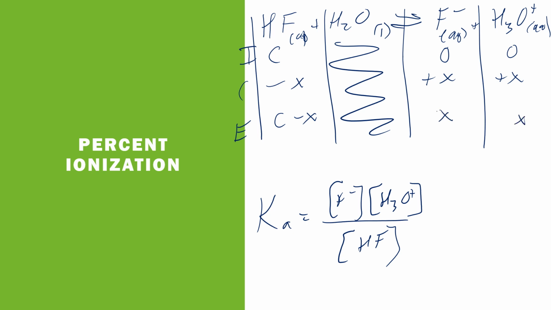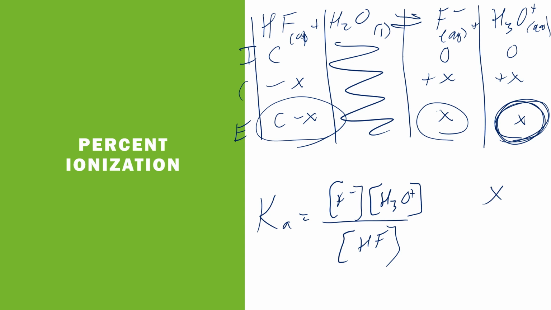Now, this is basically telling us how much the original one goes down, and how much of the ions I formed. To find percent ionization, you're going to use this X value, because it tells us how much is now ions, over the original concentration times 100.